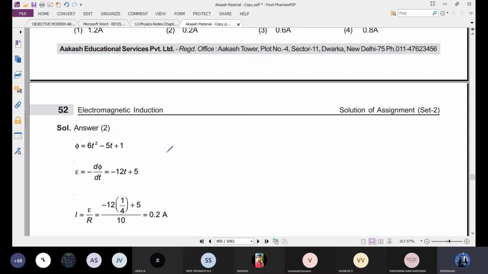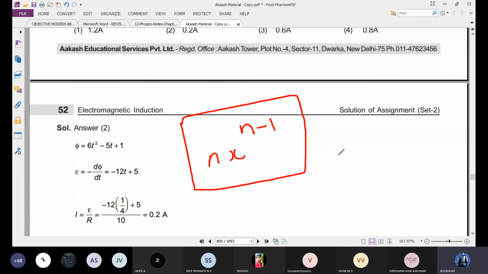The integral formula of x power n is x power n plus 1 divided by n plus 1.